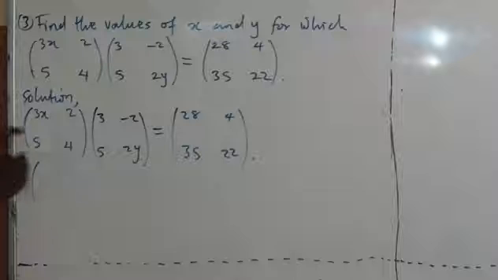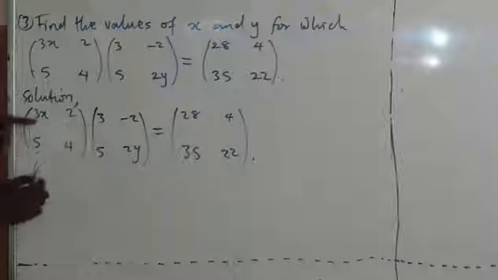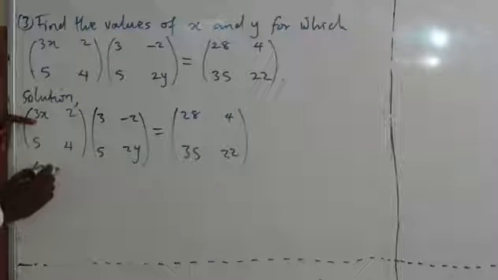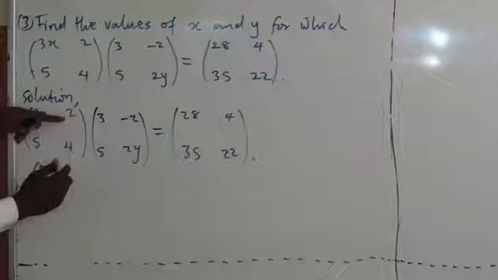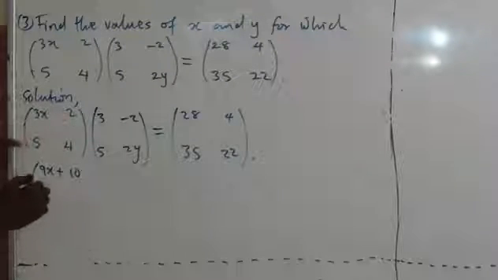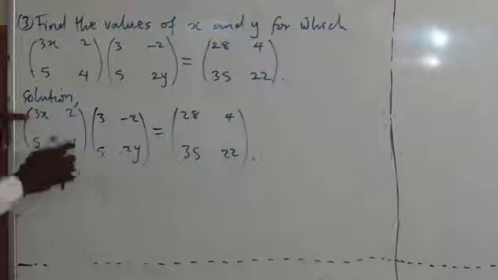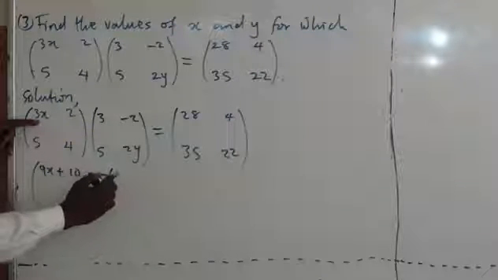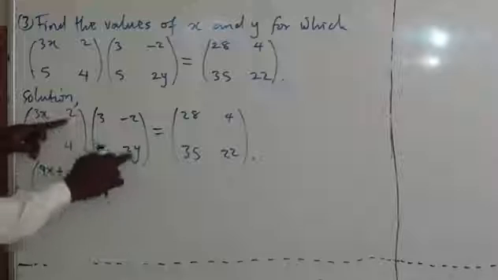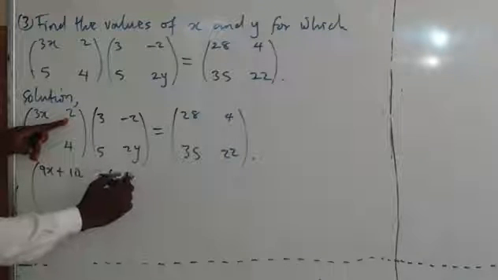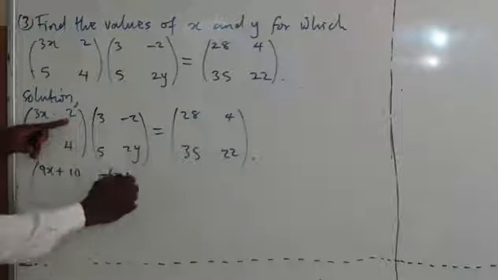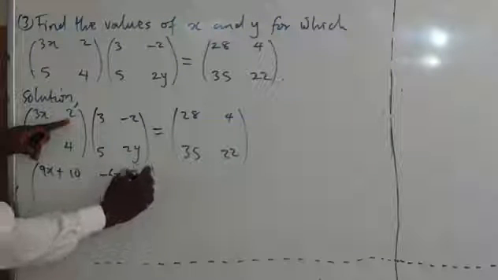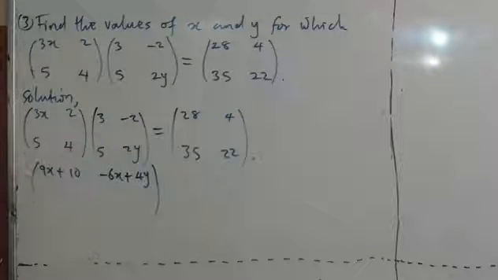So multiply the first row of the first matrix by the first column of the second matrix. So 3x multiplied by 3, that is 9x, plus 2 multiplied by 5, 10. Then the second element in the first row, 3x multiplied by minus 2, that's minus 6x, plus 2 times 2y, that is 4y. So we are done with the first row.